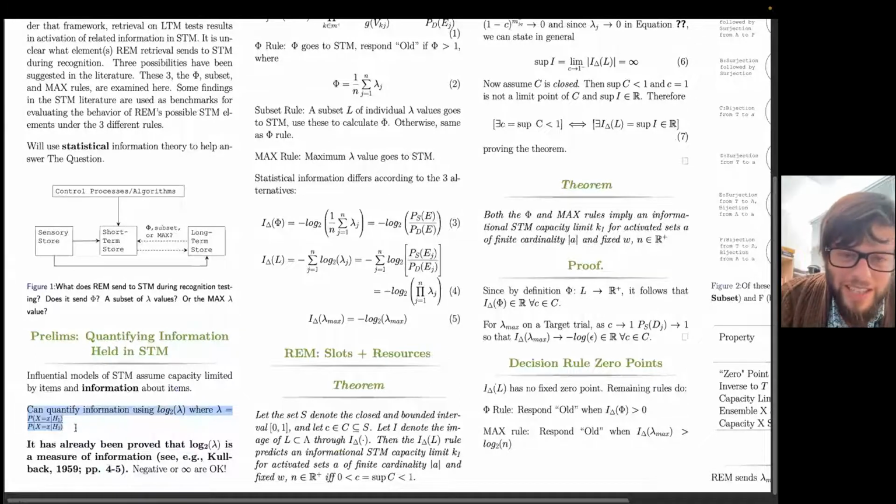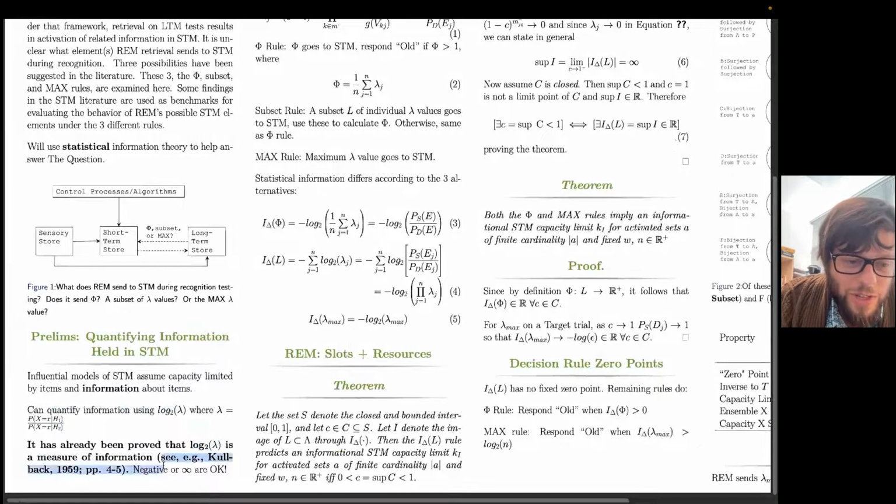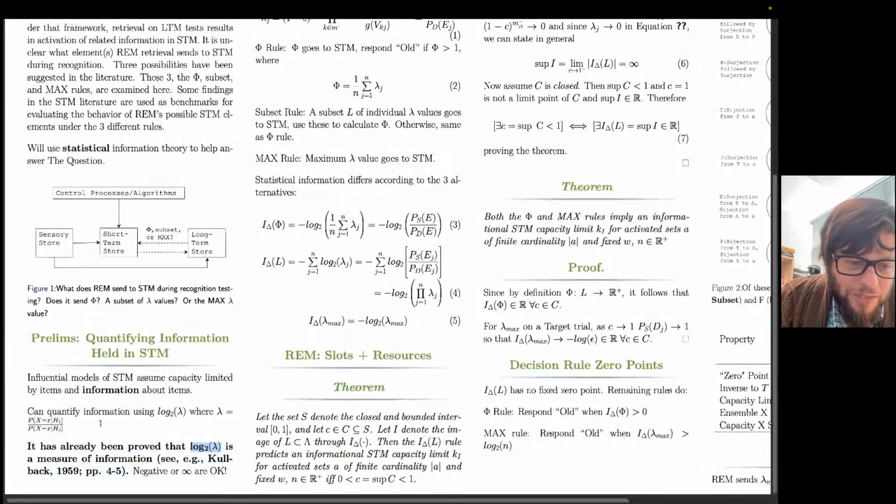Information theory was invented by statisticians before Shannon applied it to communication systems. And so I advise anybody, I have a reviewer who's been following me from journal to journal who keeps saying this, if you think that logarithm of the likelihood ratio is not a measure of information, you need to read the many papers and textbook by Solomon Kullback, and you will see that this is a measure of information.